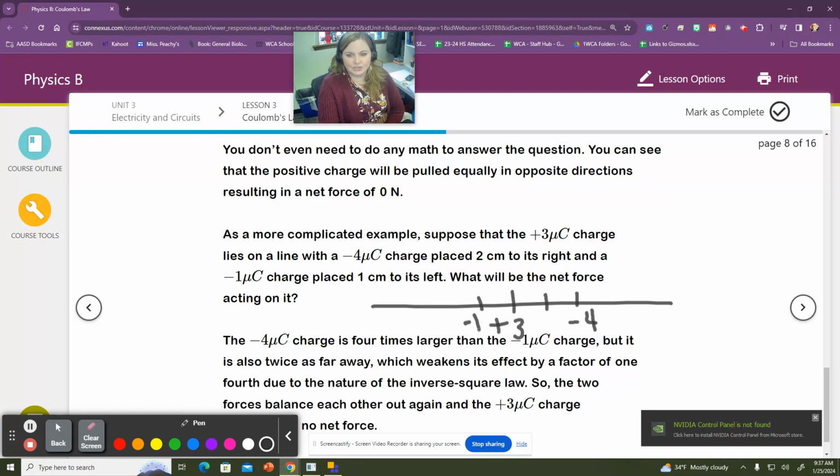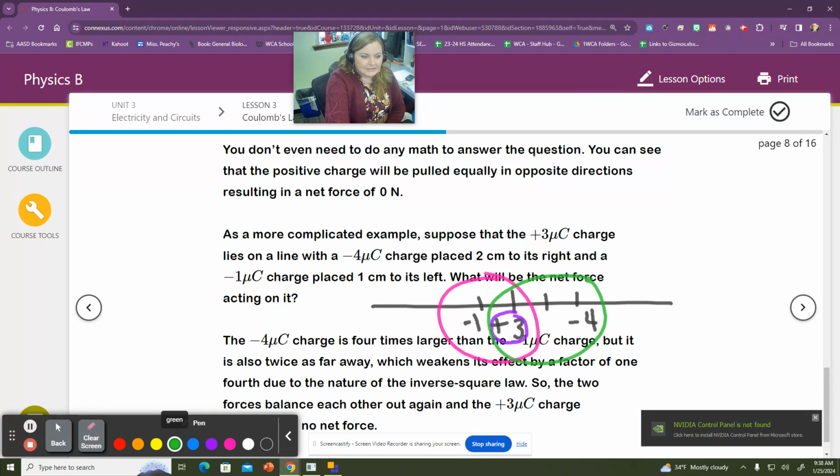What is the net force acting on this guy here? It says the net force is going to be 0. There's no net force. And I was looking at this going, okay, how do you determine that? So you have to look at Coulomb's law. We're first going to look at the force between these two, and then we'll look at the force between these two, okay?